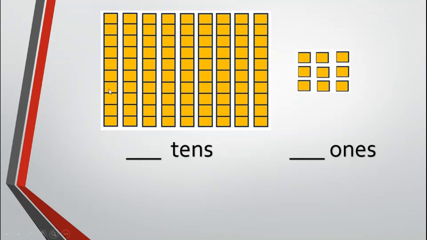If we count 1, 2, 3, 4, 5, 6, 7, 8, 9, we have 9 tens. How about how many ones? Let's count. 1, 2, 3, 4, 5, 6, 7, 8, 9. So we have 9 ones.